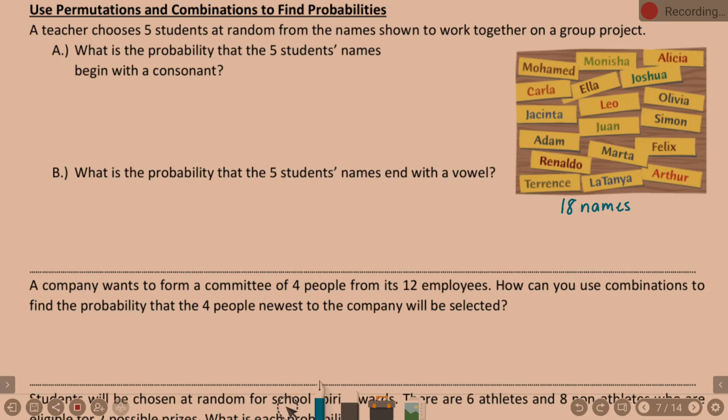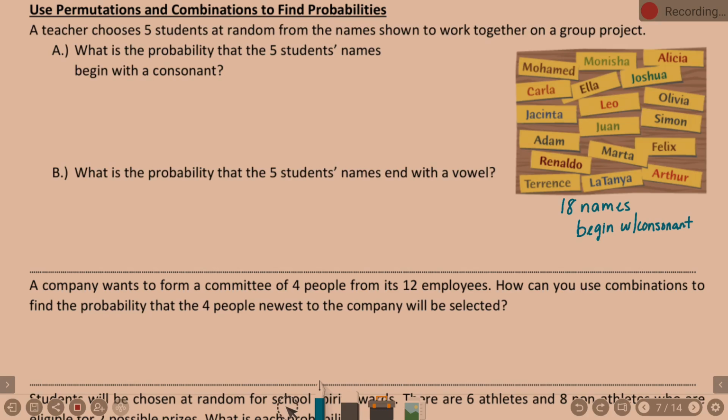So basically anything except for A, E, I, O, U. We're just talking about the 5 vowels. So the probability that they begin with a consonant means beginning with anything other than a vowel.